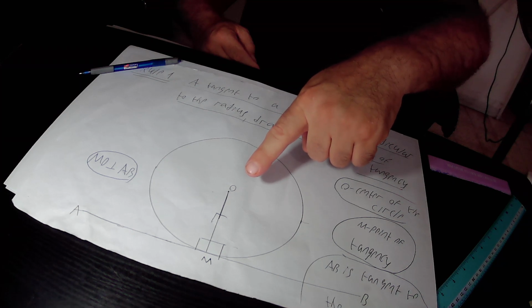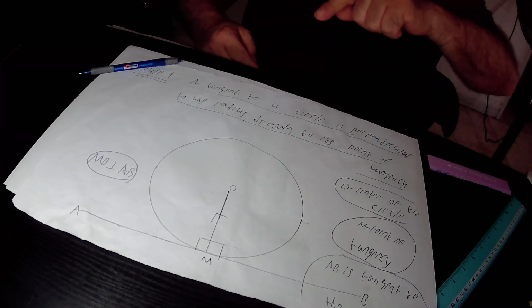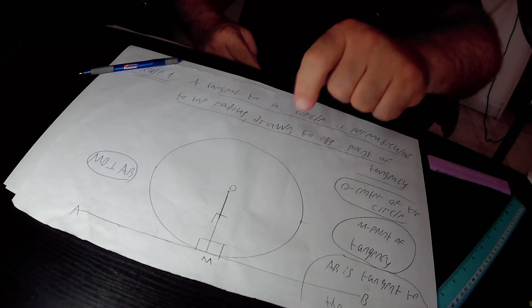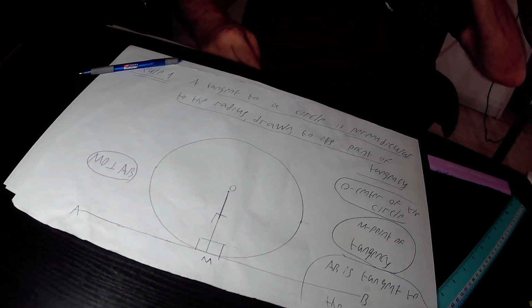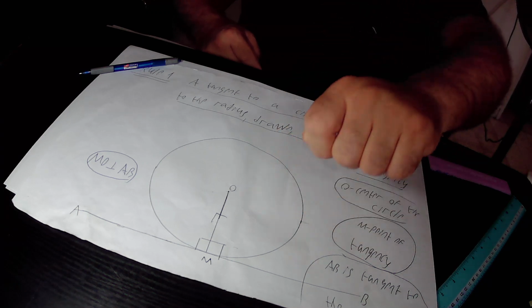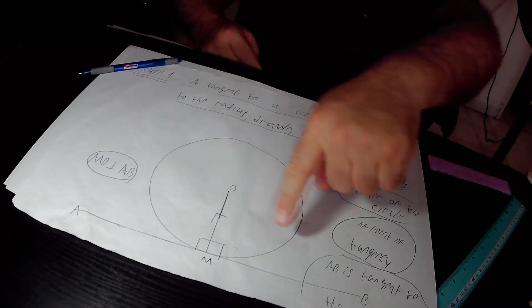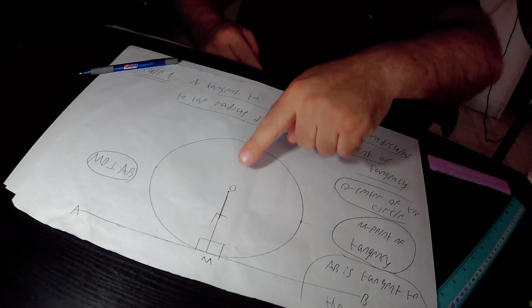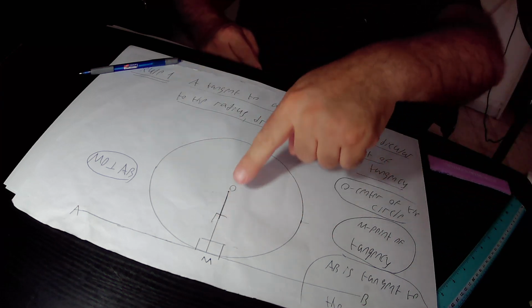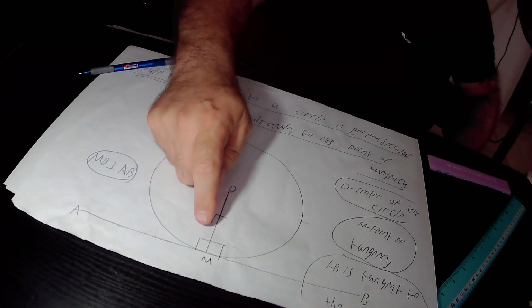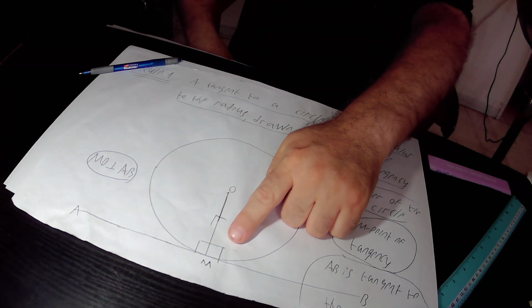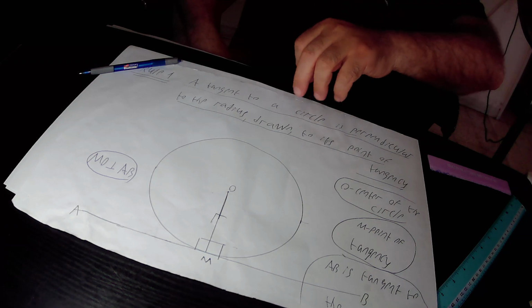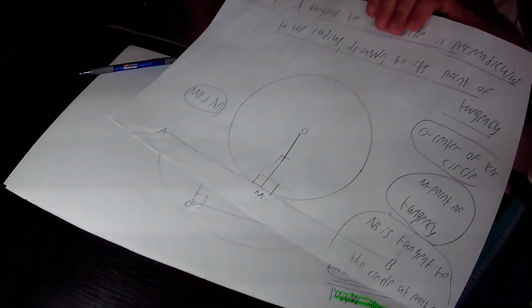The radius OM is drawn to point M, that is the point of tangency of tangent AB with this circle. And whenever you have a radius that is drawn to the point of tangency, then tangent AB will be perpendicular to the radius MO. If AB is perpendicular to MO, it means that this angle equals 90 degrees, and this angle also equals 90 degrees according to this rule, rule 1. So we can actually implement rule 1 in our drawing.